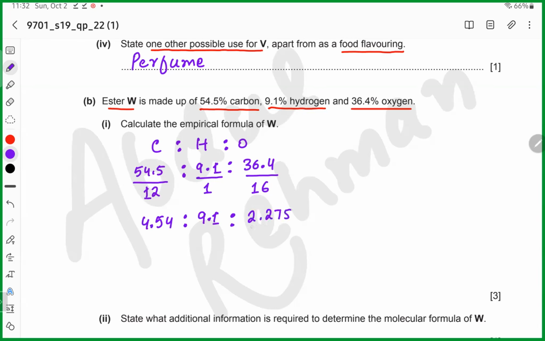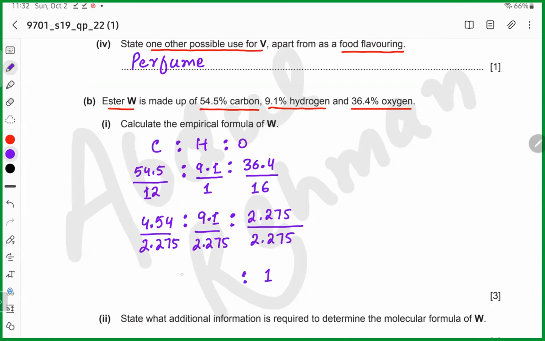This is our smallest value, so we will divide all the values by 2.275.